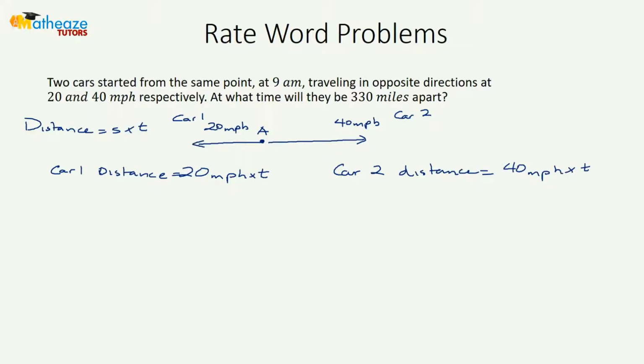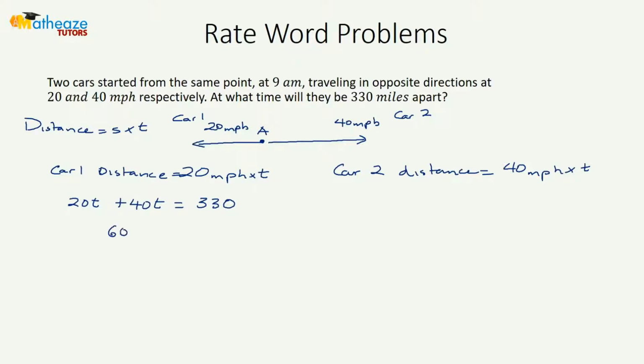To get the distance apart, we add the distance covered by car 1 and the distance covered by car 2. So distance covered by car 1 is 20t, distance covered by car 2 is 40t, and they are 330 miles apart.